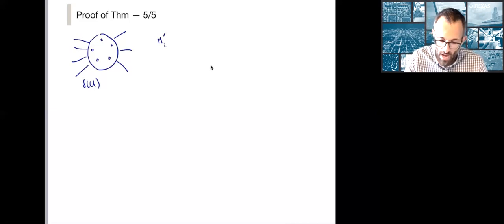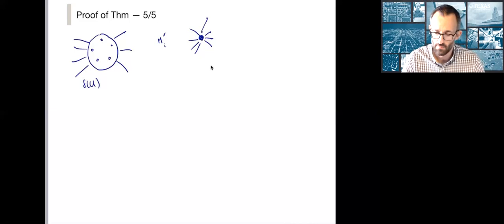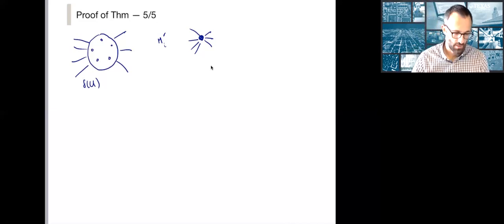Because Mi dash is a graph. It is a perfect matching. I redrew all the edges here coming into my collapsed node. Oops, sorry, I'm making it a little too messy here with arrows that look like edges. So obviously, any perfect matching can only have one of them.